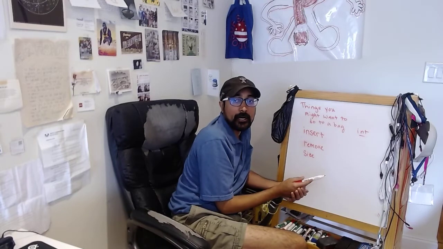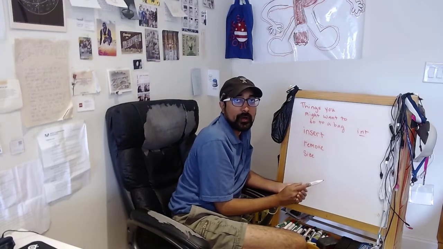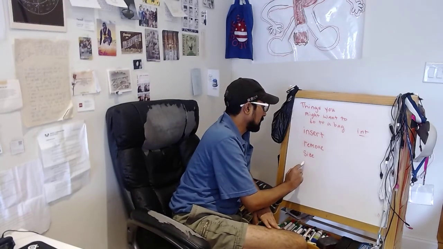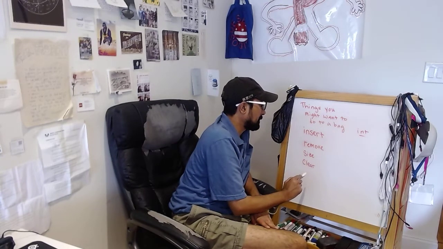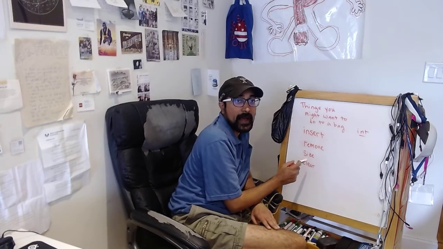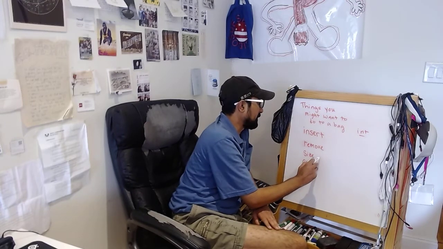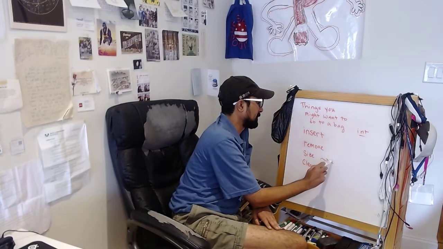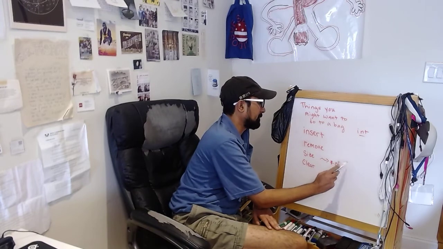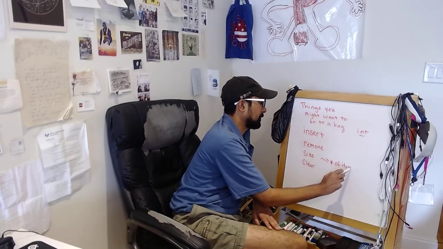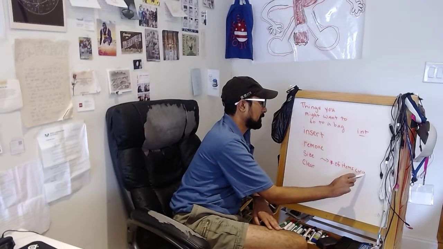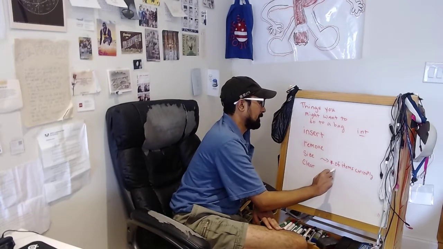Okay. And we also might want to clear the bag. So the size of the bag, meaning the number of items. Let's say the number of items currently in the bag, because that could get ambiguous.